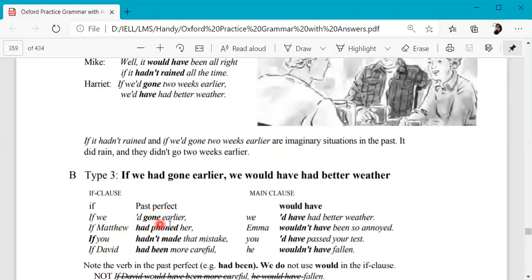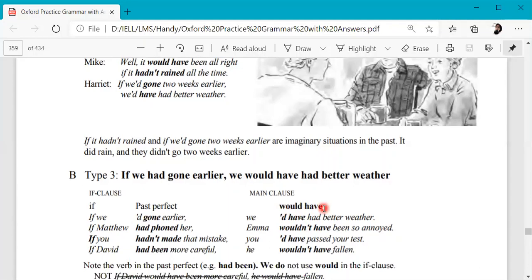If we had gone earlier, if Matthew had phoned her, if you hadn't made that mistake, if David had been more careful. Okay, so these are the examples for the if clause, and the main clause is would have. Okay, so the main clause would carry would have.